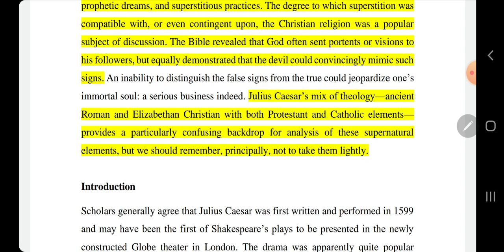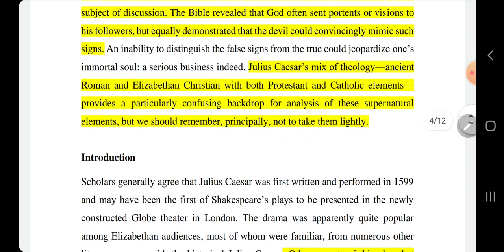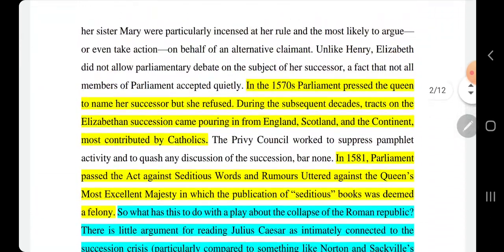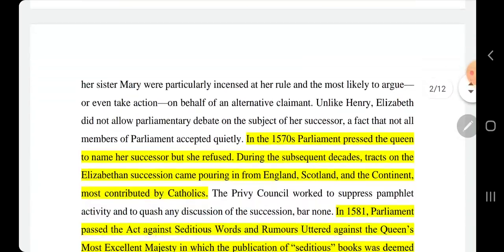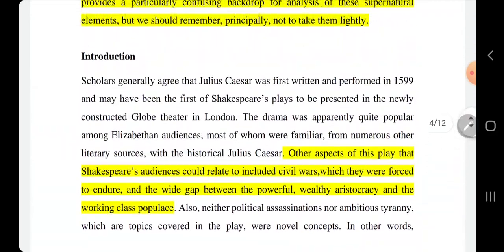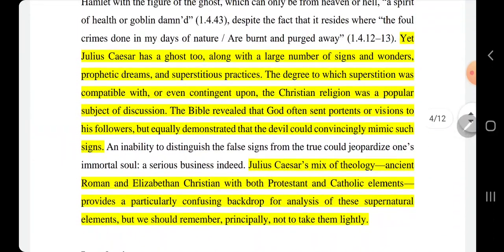We can link all of these signs and supernatural things to the Christian, Protestant, and Catholic elements written in our play. So this is all about the historical context of the play, which, as we have mentioned, is very important. Elizabeth's time is really connected to our play Julius Caesar, and when we come to the play, we will discuss it more.